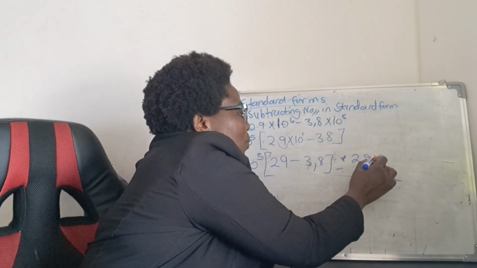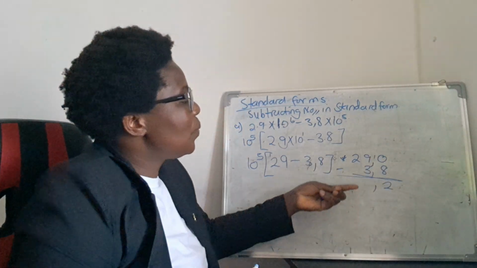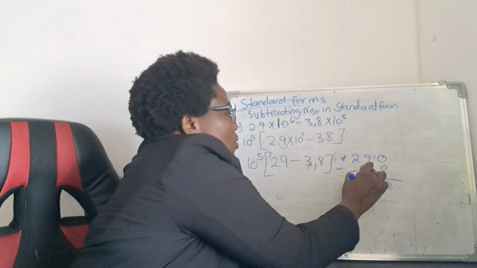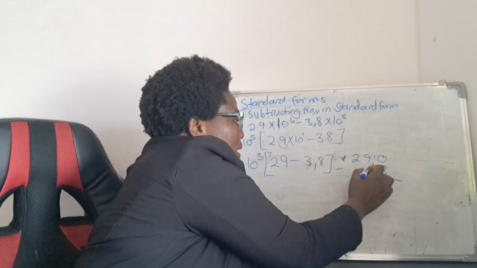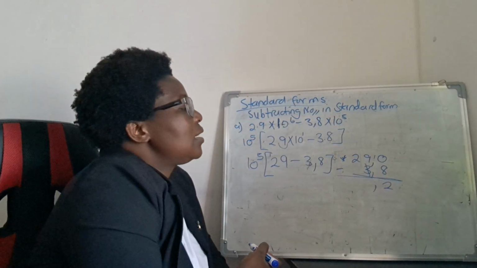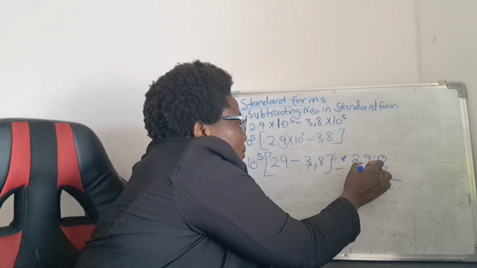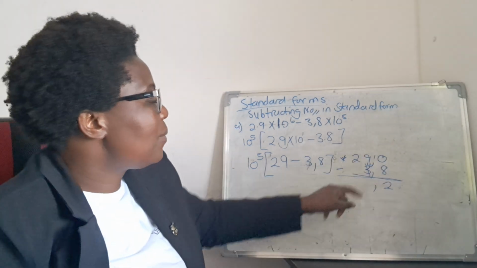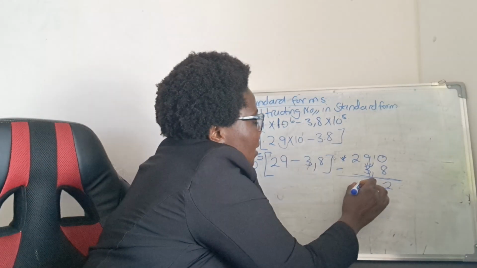And then since we borrow 1 here, and some people continuously borrow here, but I need to do it the other way around. Since I borrowed 1 from the tens, I should also consider adding 1 here. So this will be 4. 9 minus 4 gives us 5.